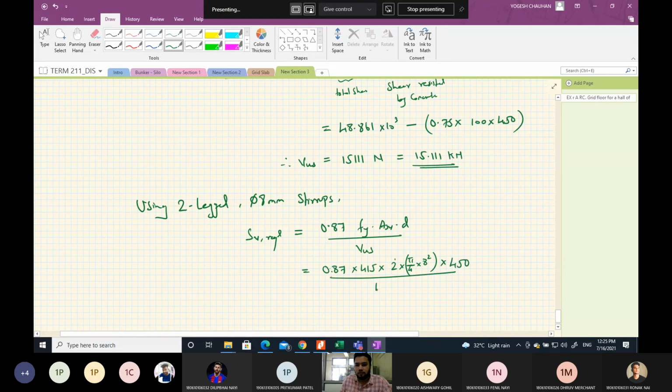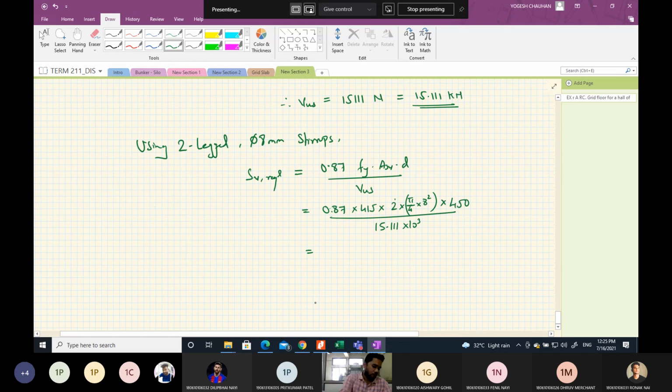VUS is 15.111 into 10 to the power 3. So you will get the spacing required as 1080 mm. So this is the spacing required as per the design shear force.